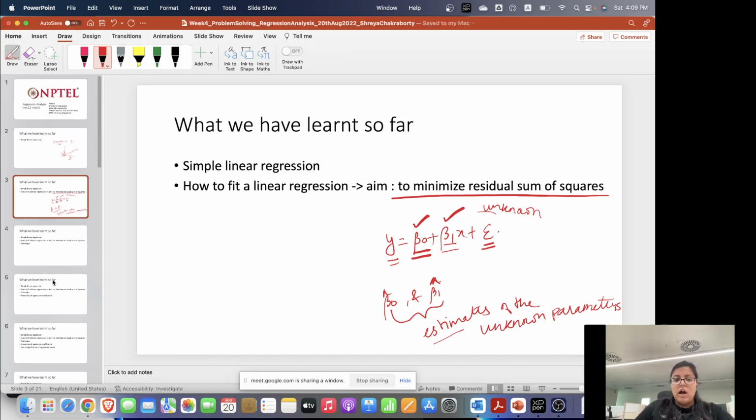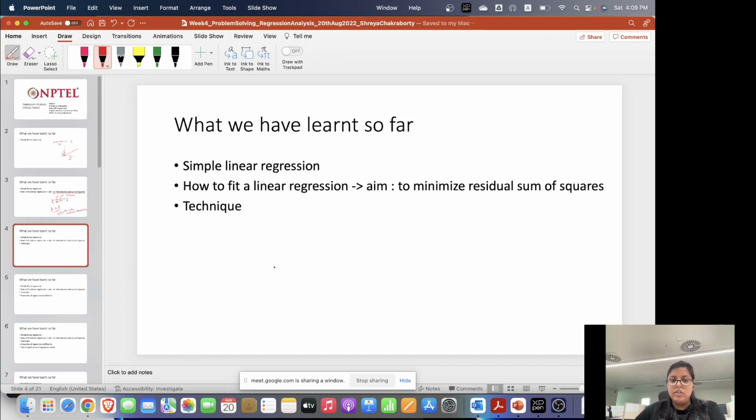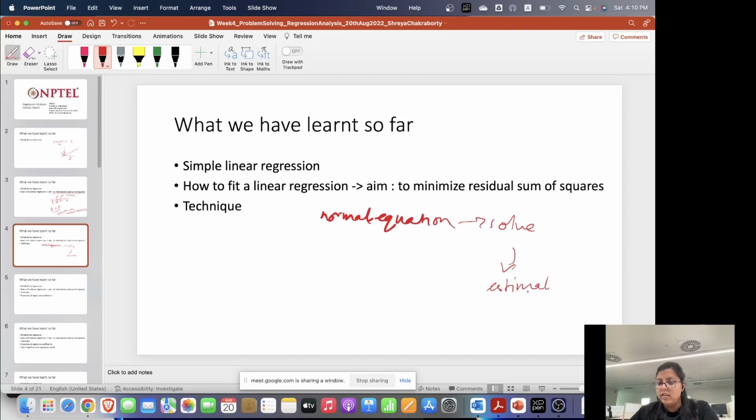So we saw how we fit a linear regression. With the technique I just described, you write down the residual sum of squares, do partial differentiation with respect to the parameters, get the normal equations, and solve them to get the estimates of our regression coefficients, that is, the beta hats.